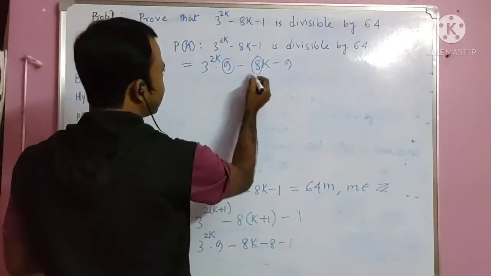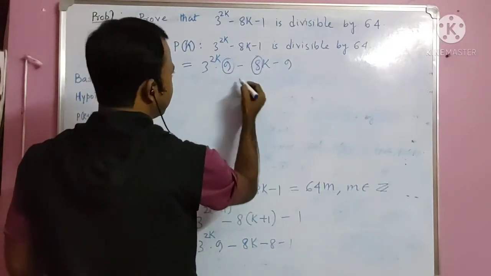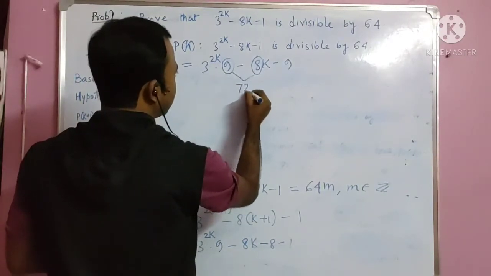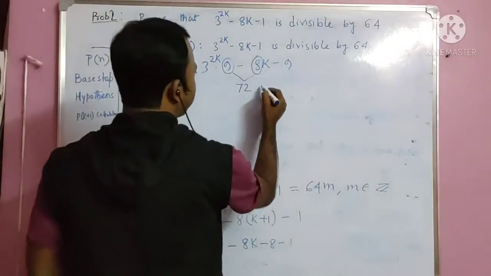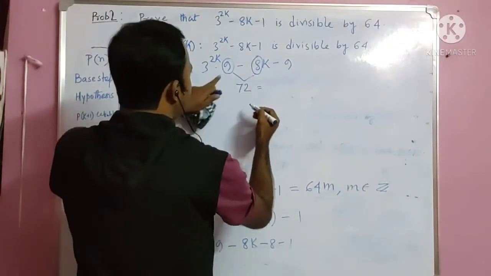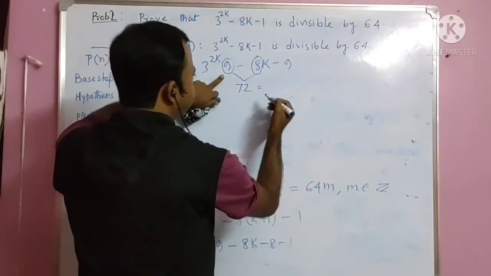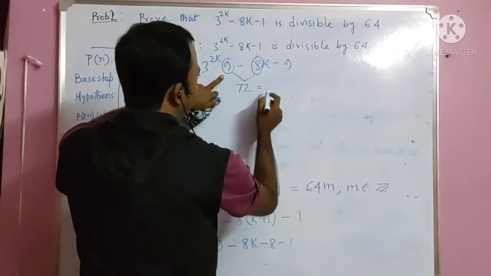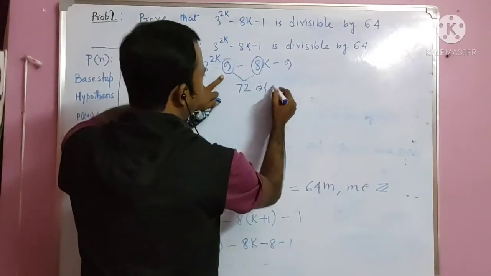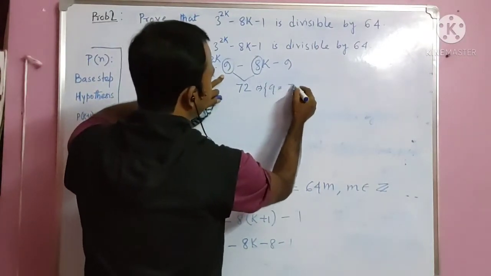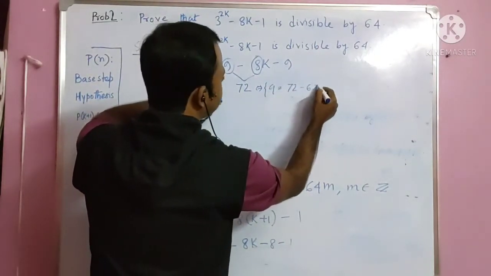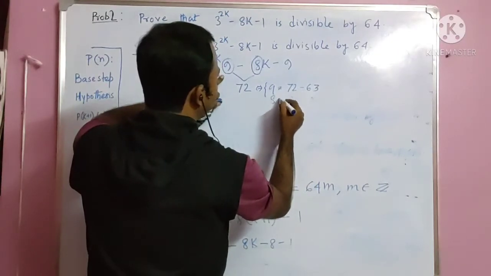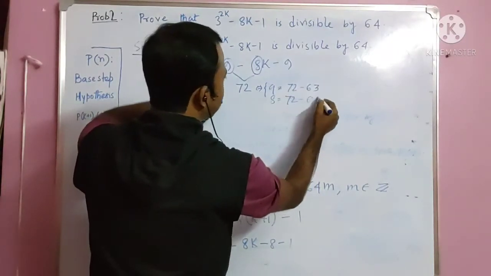If you multiply these terms, you get 72, and you can break down this 72 in this way. 9 is equal to 72 minus 63, or 8 is equal to 72 minus 64.